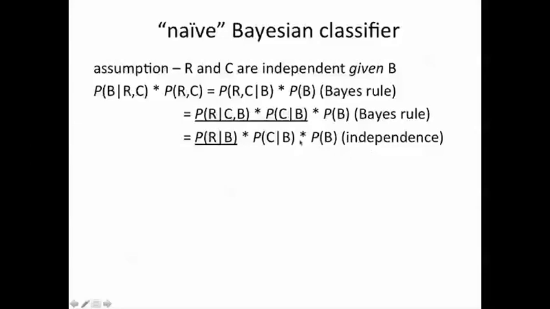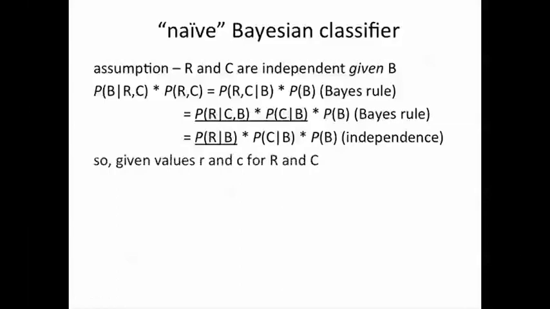Because of this independence, we can essentially separately compute these terms: probability of R given B equal to yes, probability of C given B equal to yes, and then just simply multiply it by the a priori, or the overall probability of B equal to yes.